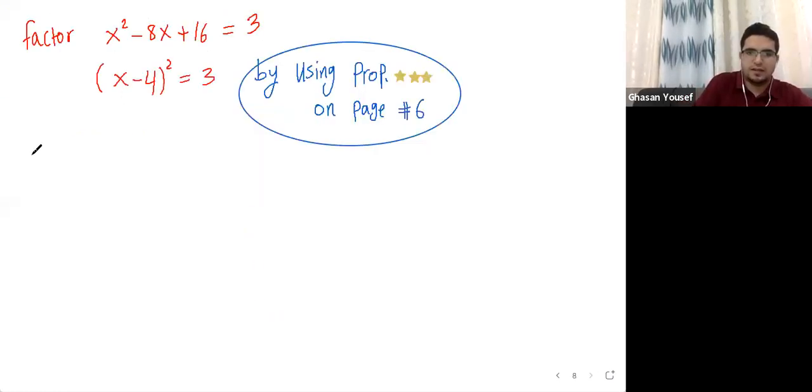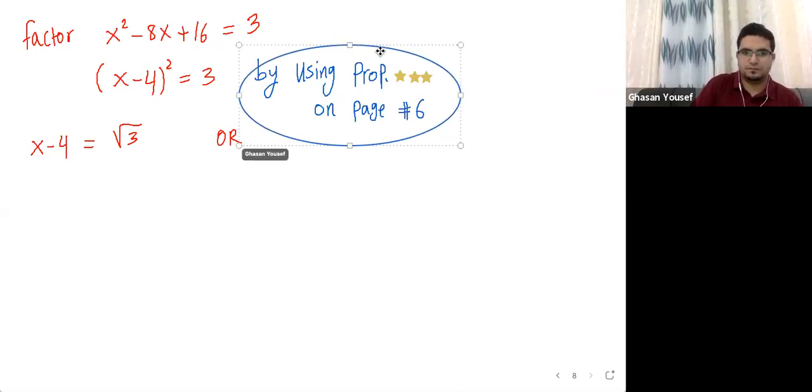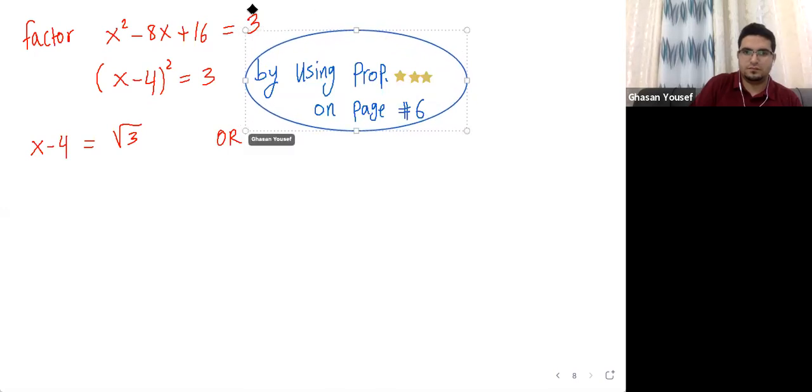I take the square root of both sides. So I get x minus 4 equals the square root of 3, or x minus 4 equals the negative of the square root of 3. Now I need the value of x only.